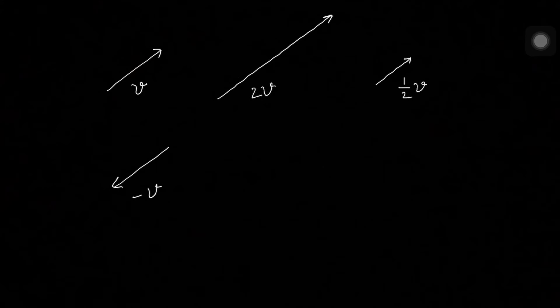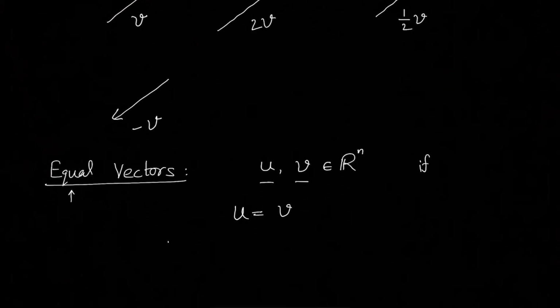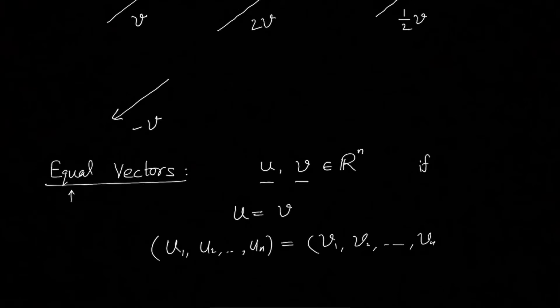Now let us discuss equal vectors. Suppose you have two vectors, then we say that these two vectors are equal vectors if, because it is in Rn, we can express it as n tuples. We will say that these two vectors are equivalent vectors or equal vectors if and only if their corresponding components are equal.